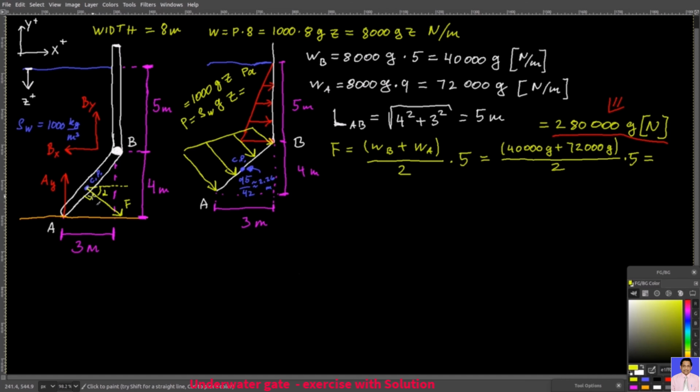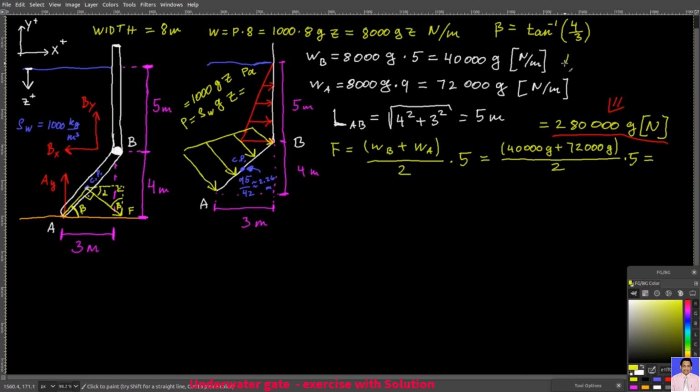And so now, right here, I will have another angle, let's call it beta, and because this force is perpendicular to the gate, due to geometry, this beta is also here, and you have a right triangle here as well. Now to find beta, that's easy. Beta equals inverse tangent of 4 meters, the opposite side, over 3 meters, the adjacent side, so 4/3, and you also have this beta here, and you have 90 degrees here.